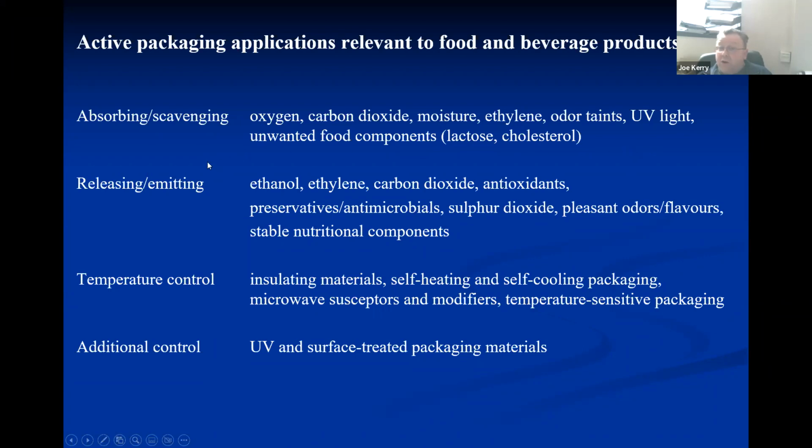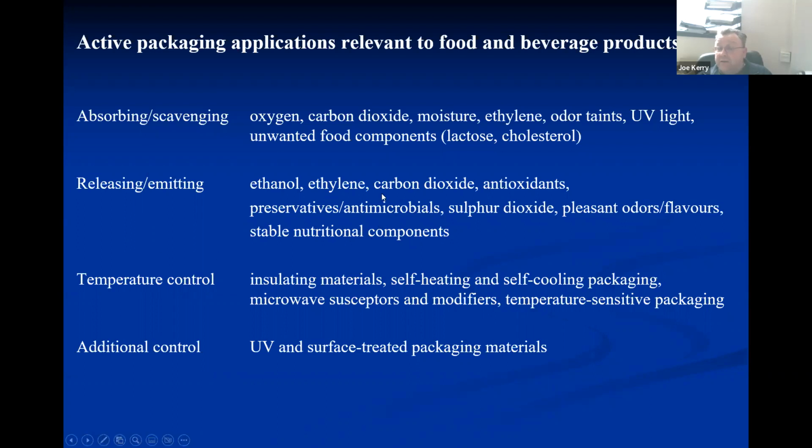If we are not going the route of absorbing something from the pack, then we can use technologies that go the opposite direction and release something into the pack. For example, releasing or emitting technologies would be where very low concentrations of ethanol as a vapor are allowed for use in bread, because we know that yeast and molds don't like ethanol vapor around them.